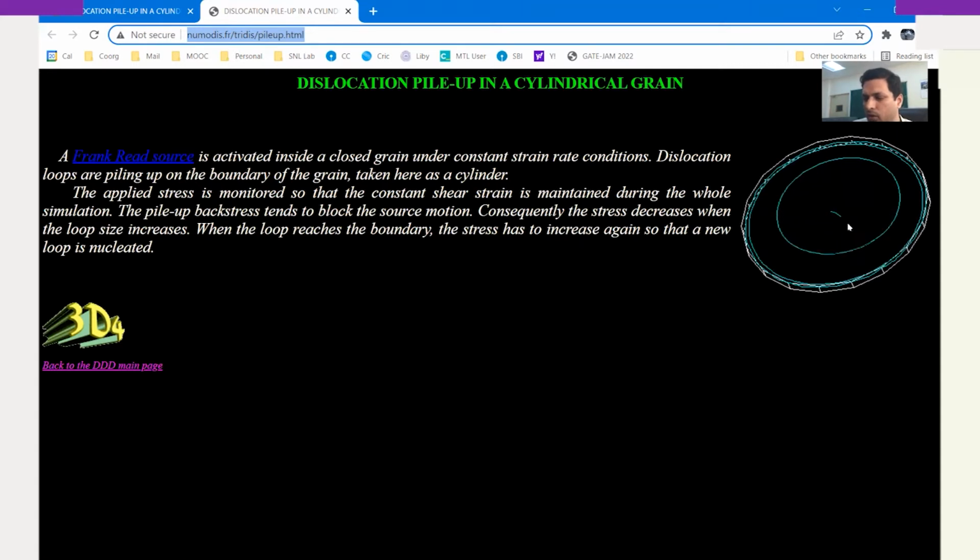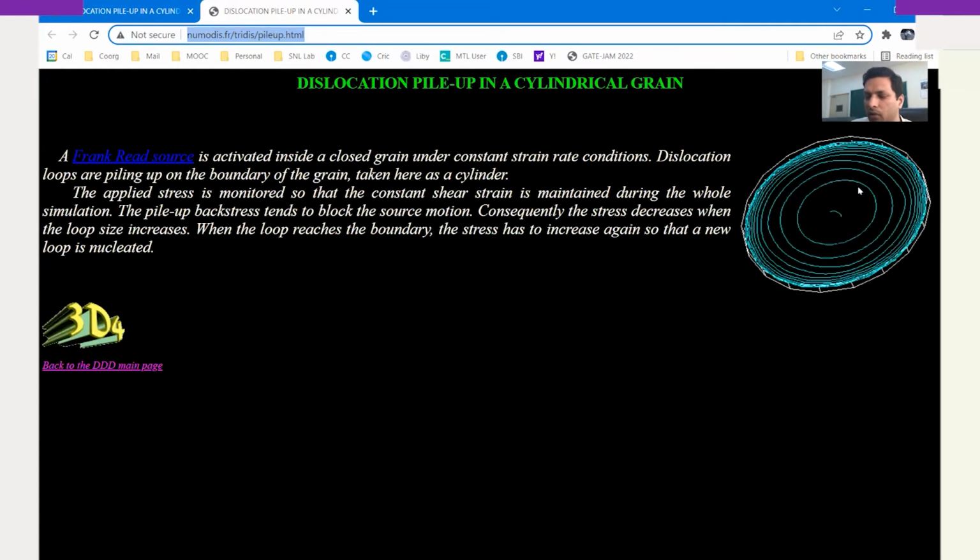If you look at this cross section, what you would see is a pile up. This is the grain boundary, and these are the dislocations which are piling up near the grain boundary, and the distance is increasing. New and new dislocations are forming and keep pushing, so for every new dislocation that forms, you will need higher and higher stress.